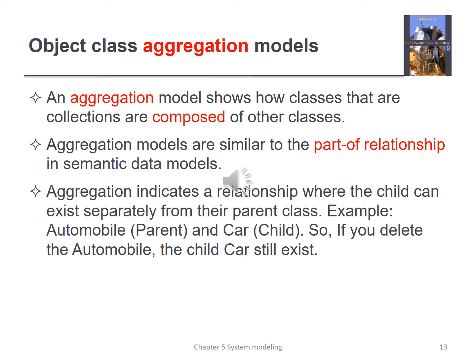Example, automobile is the parent and car is the child. So if you delete an automobile, the child car still exists. It is related to the automobile, but the car could exist by itself.